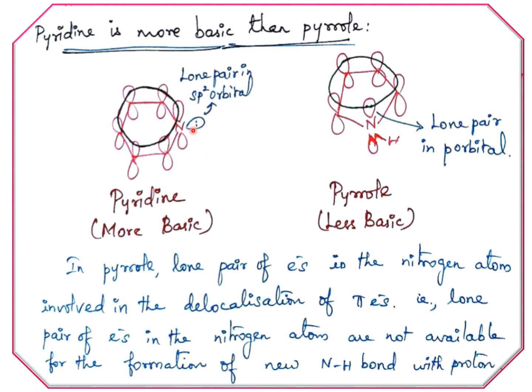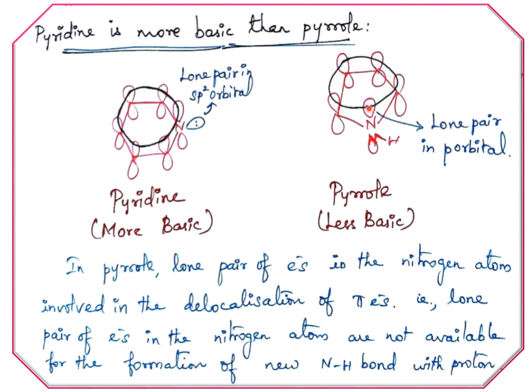Here in pyrrole also the nitrogen has a lone pair of electrons, but the lone pair is involved in the delocalization of pi electrons. With this lone pair we have totally 6 pi electrons, obeying Huckel's rule, so it is involved in the delocalization of pi electrons.